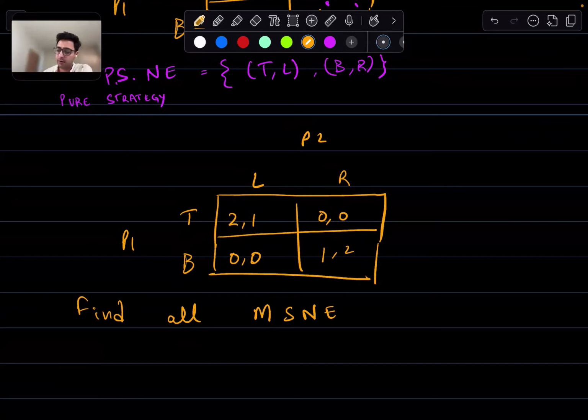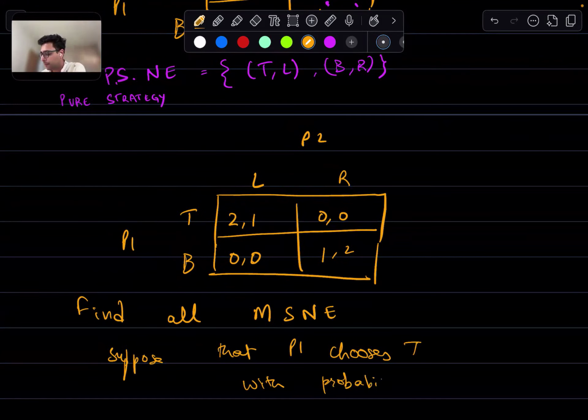Well, the first thing you do is you suppose that P1 chooses T with probability P, where P is some number between 0 and 1.